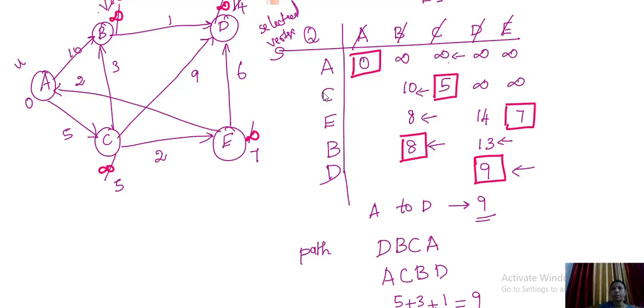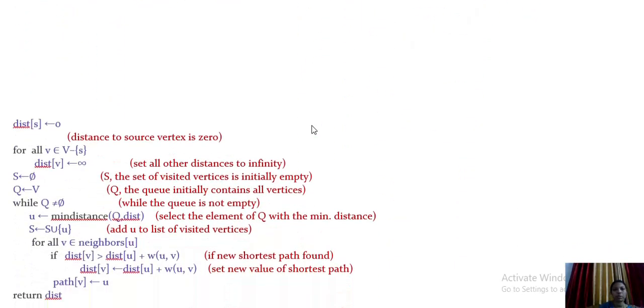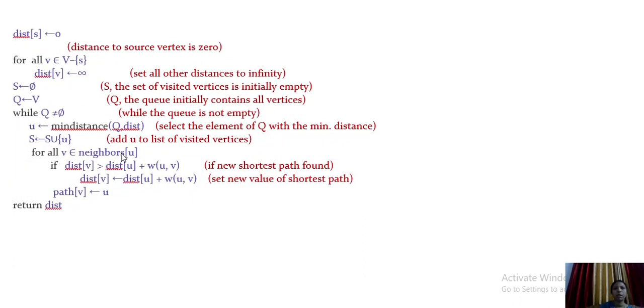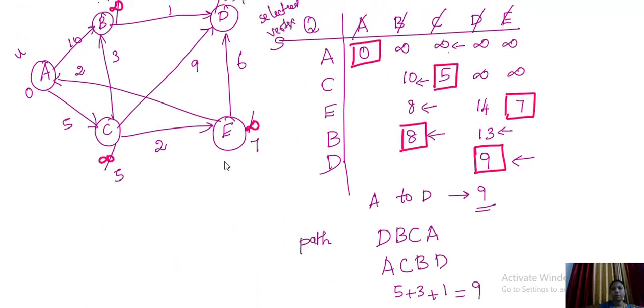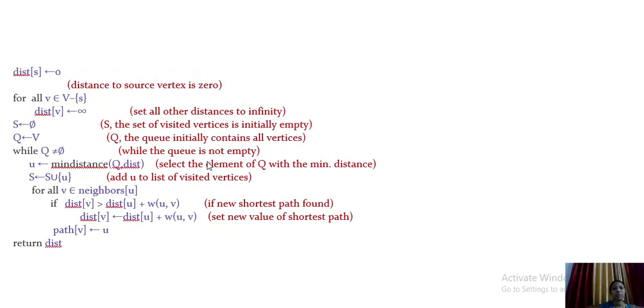That minimum vertex will be taken to the selected set. So this while loop will be done until the Q array becomes null. And finally, the new updated distance will be written from this algorithm. So this is the algorithm. So you have to implement this algorithm in your lab to find the shortest path from a single source.